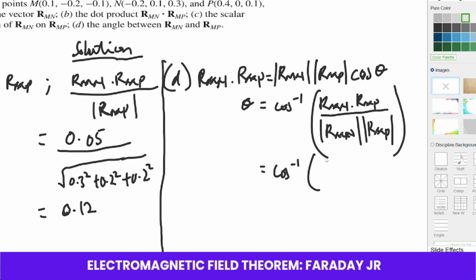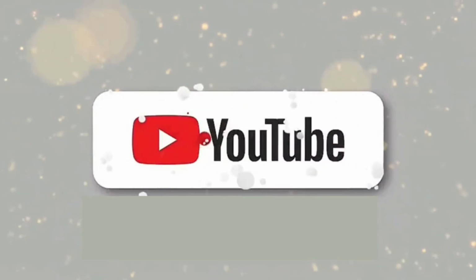We found the dot product to be 0.05, and the magnitude of RMN is root of 34 and RMP is root of 17. Then the theta angle is going to give you approximately 78 degrees, and we are done.